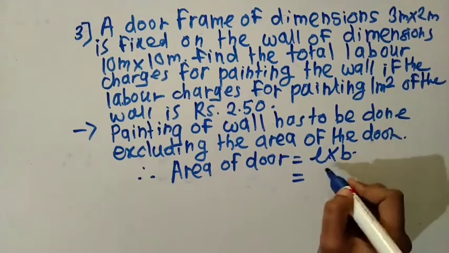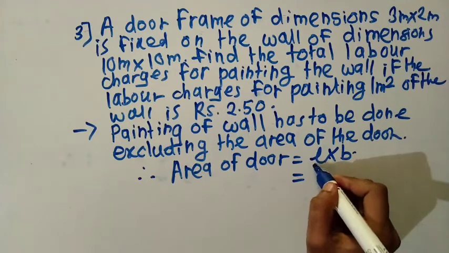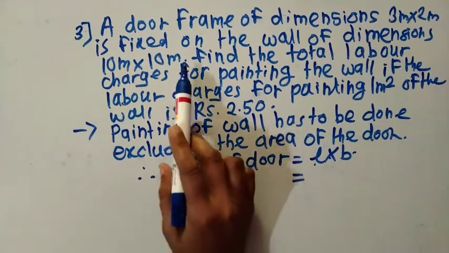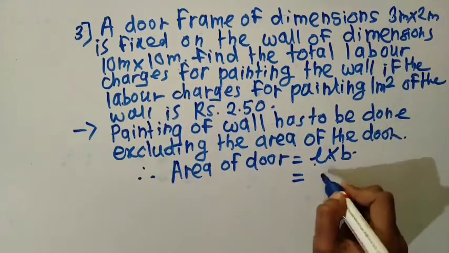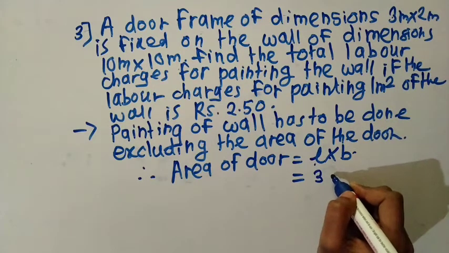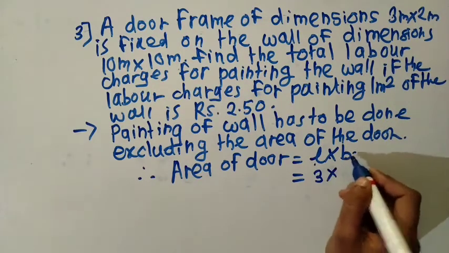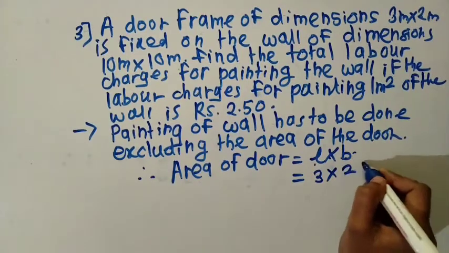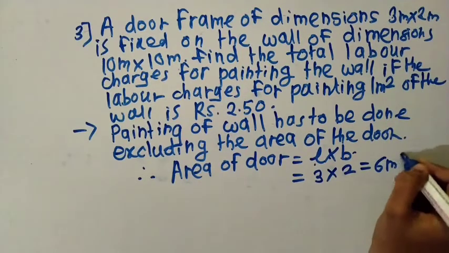Here length is 3 and breadth is 2. 3 into 2 is equal to 6 meter square.